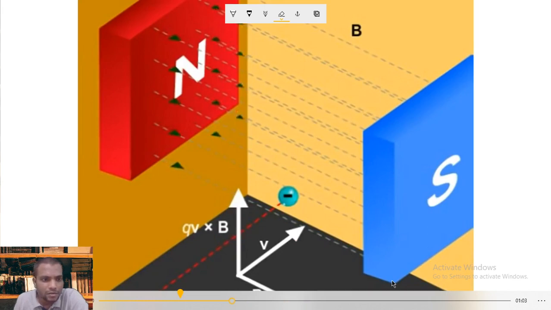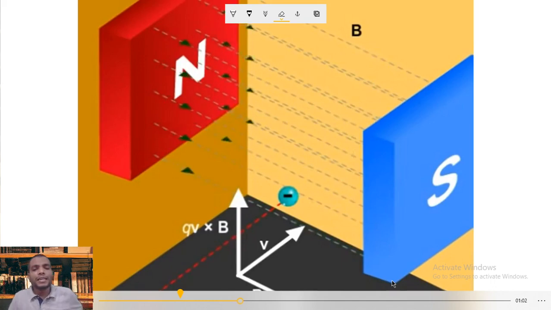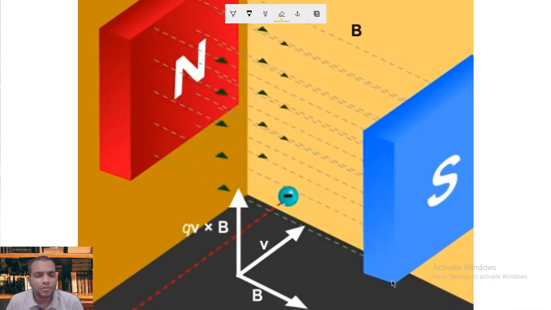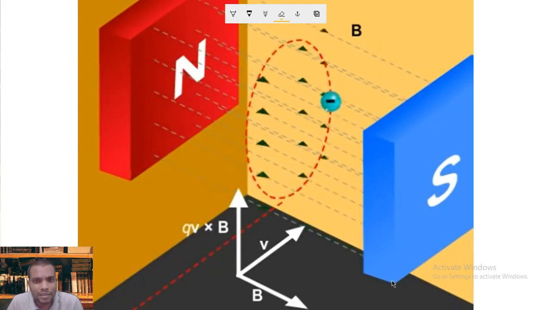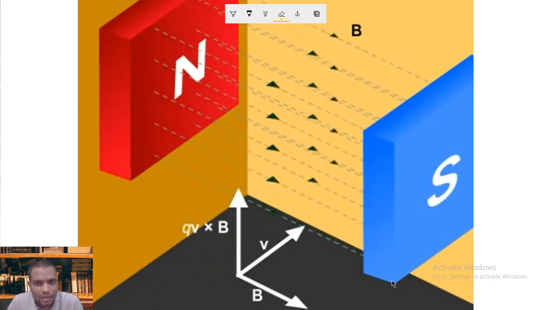So the electrons are moving in a circular path in a uniform magnetic field because of the interaction of the velocity component with the magnetic field.